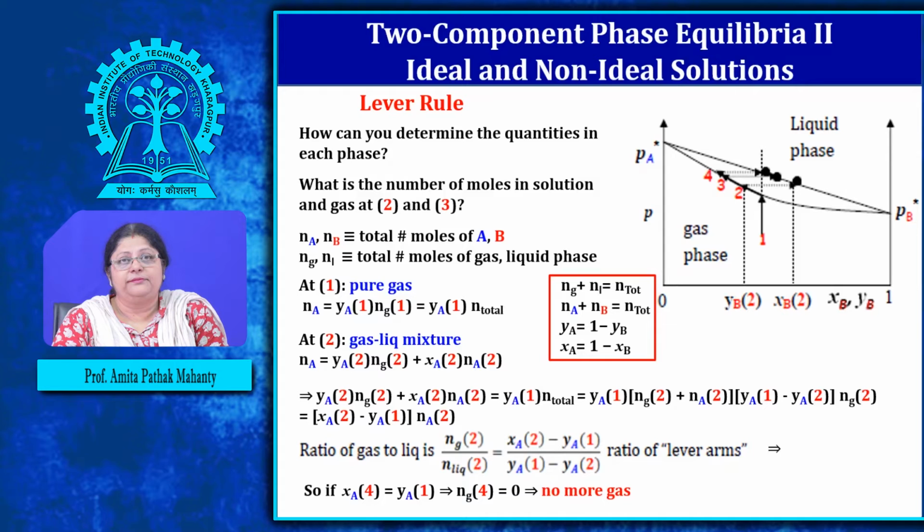So the mole fraction of the component A at point 1 in the vapor state into the number of moles of gas at point 1, and that will be nothing but the total number of moles into the mole fraction at point A of the component A. Yes?